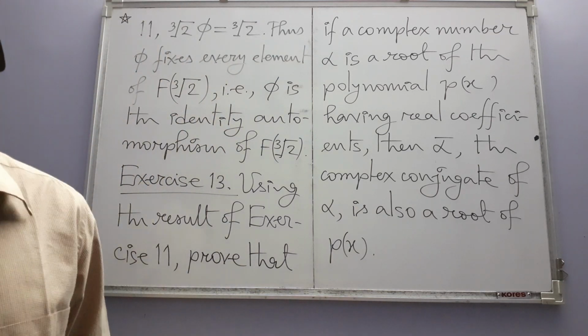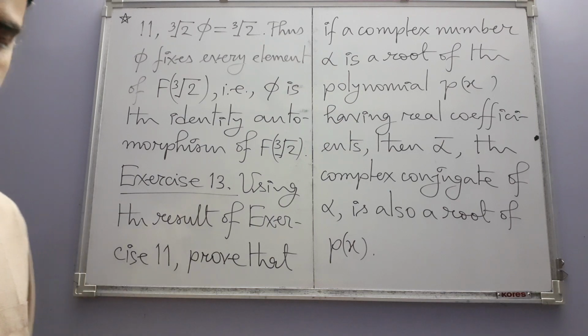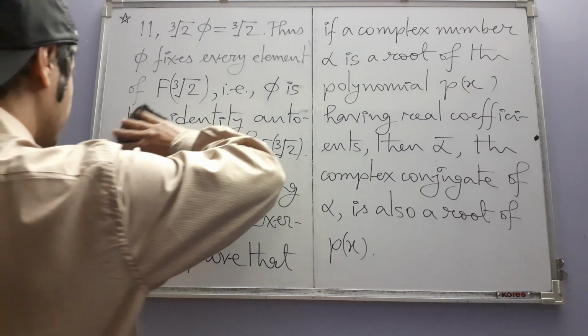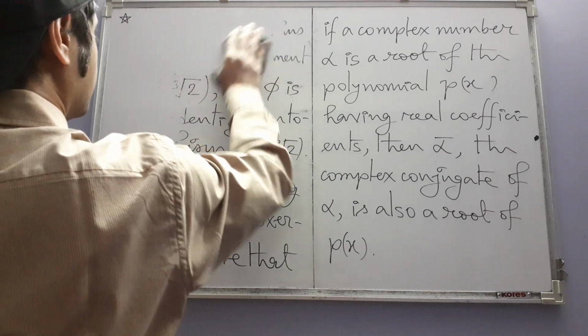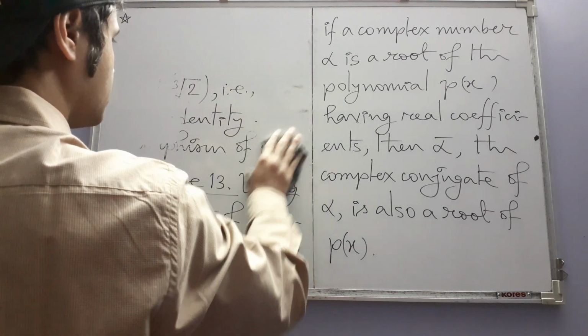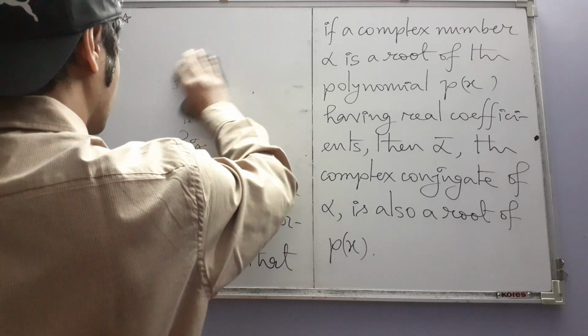So you understand that we just have to find the appropriate automorphism, in this case of the field of complex numbers.